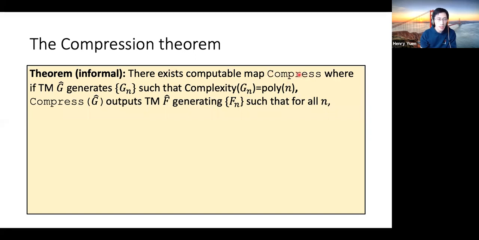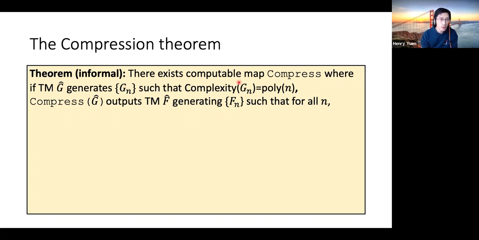Think of it as some computer program where if you provide it some G hat, G hat specifies an infinite family of games where each of these games has polynomial complexity in n. So for every index n, the complexity of G sub n is poly(n), and this G hat specifies all of those games simultaneously.